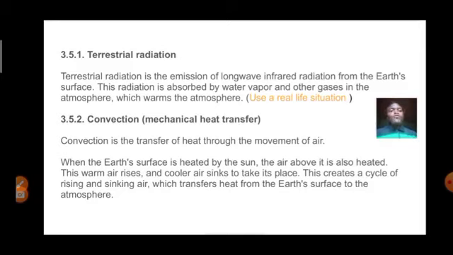Okay, we also have convection. Convection is the transfer of heat through the movement of air. So as air is heated, as it moves across the earth's surface, it tends to heat up the surrounding.